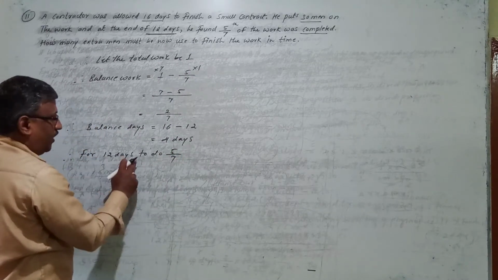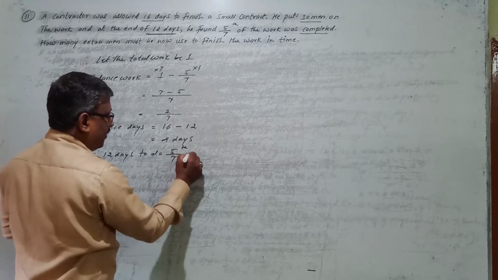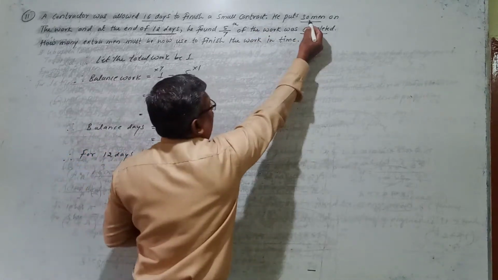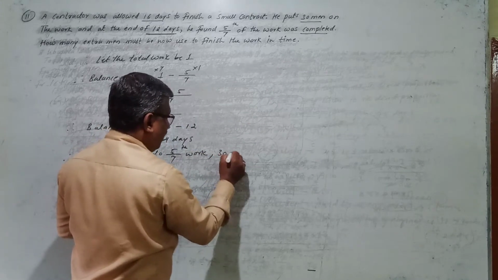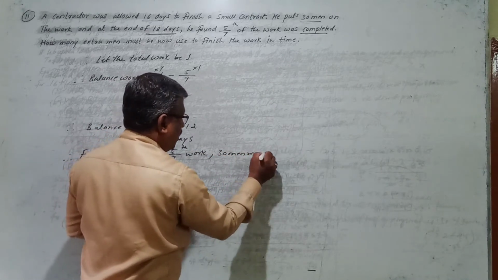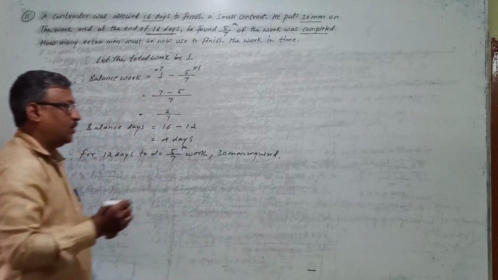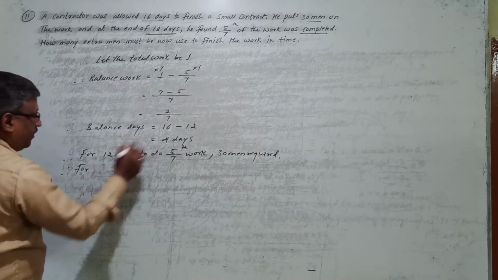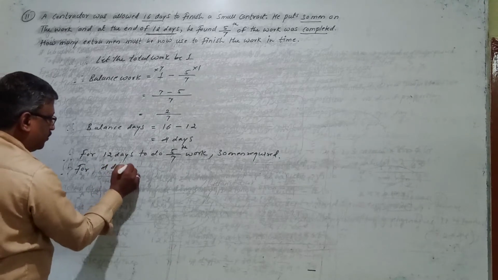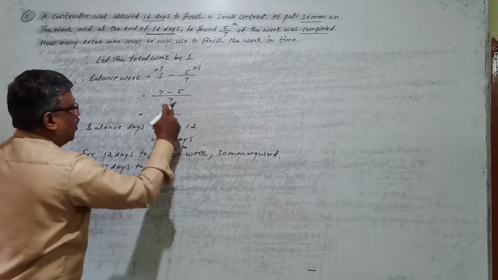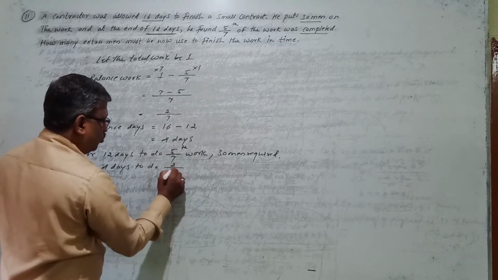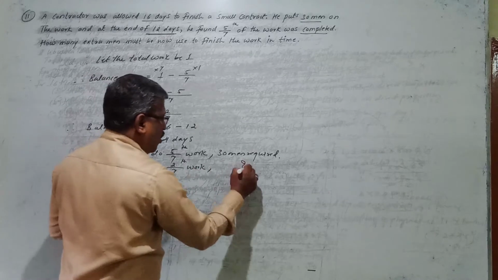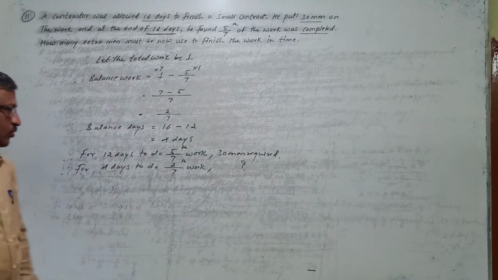So for these 12 days to do 5/7 work, how many men are required? 30 men are required. Yeah. So now we ask, how many days are remaining? 4 days. For 4 days to do how much? This balance work, 2/7 of the work. How many men are required? That we have to calculate.